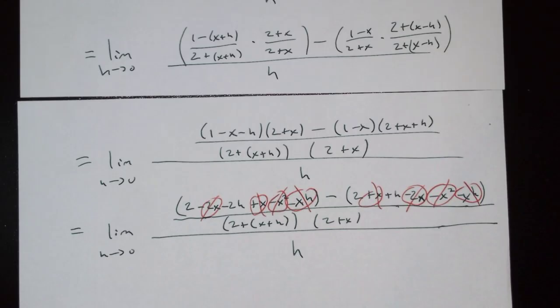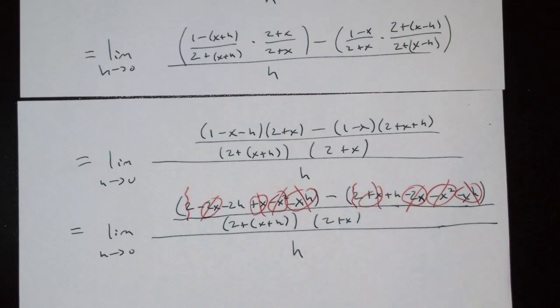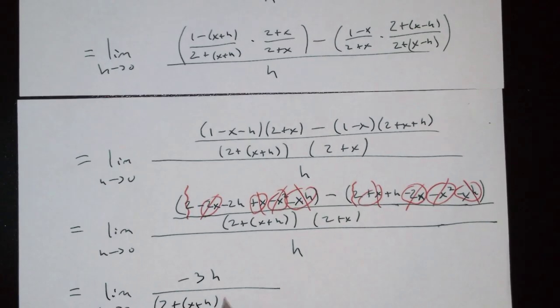What else? The only things that survive on that top are a minus 2h and then minus another h, which gives me a total of minus 3 of them, right? 2 from the beginning and 1 from the end. So I have minus 3h over (2 plus x plus h) times (2 plus x).